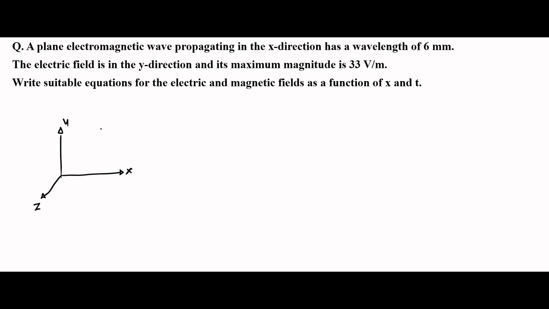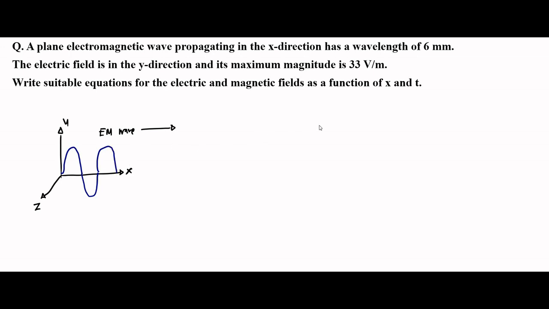The electromagnetic wave is propagating along the positive x-axis. The electric field is in the y direction, so the amplitude variations will be along the y direction, like this.